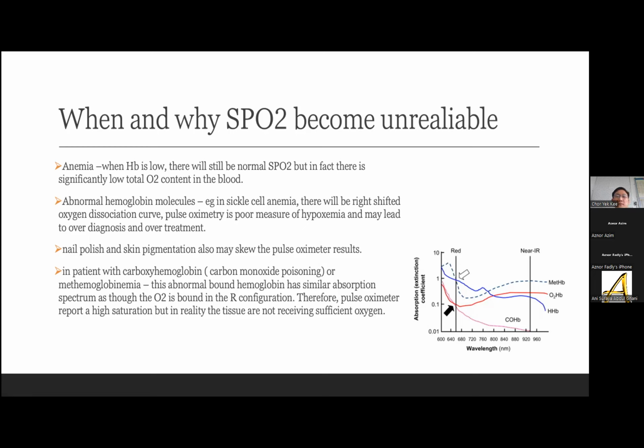Of course, nail polish and skin pigmentation also skew the pulse oximeter results. Long time ago, people talked about dark colors like black, dark blue, and also green. They caused the pulse oximeter reading to drop almost 5% from normal.